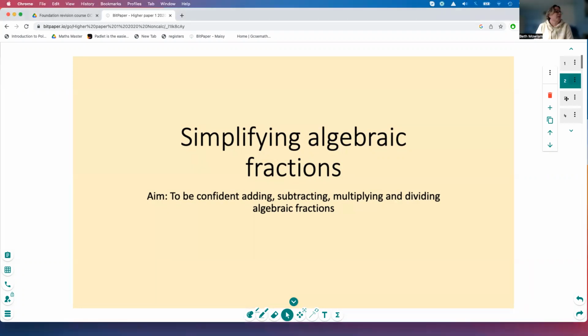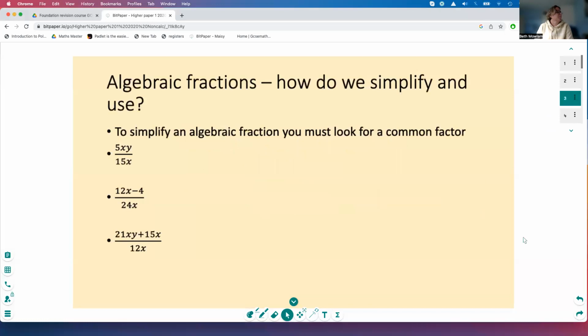So let's start with what is an algebraic fraction. An algebraic fraction is exactly the same as a numerical fraction. We need to be able to simplify algebraic fractions to their simplest term.